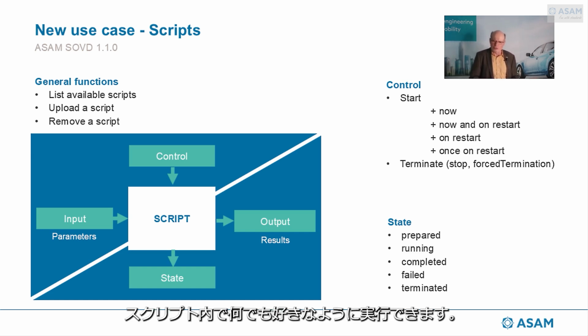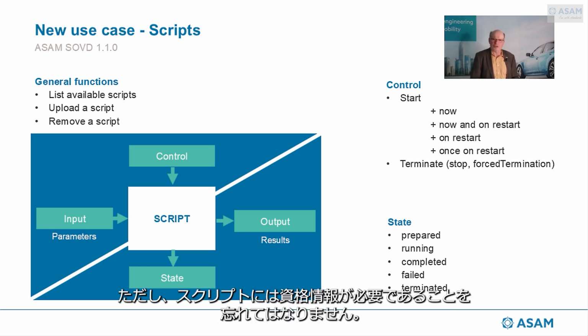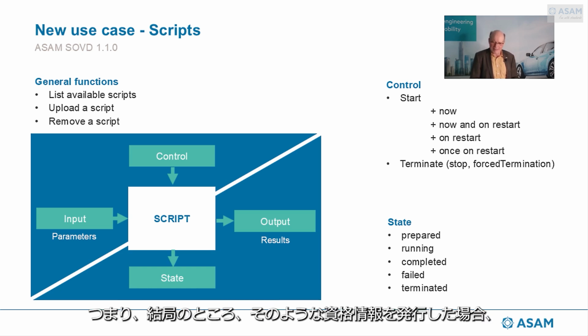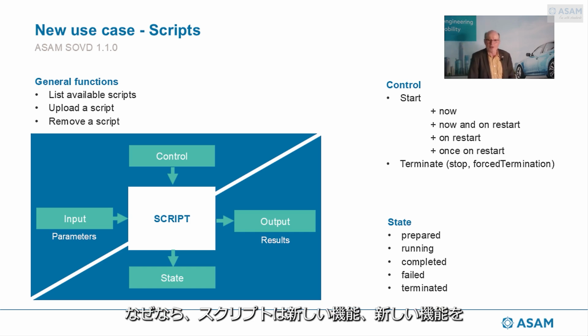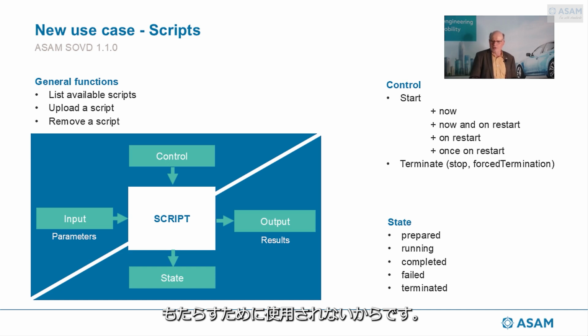You can do in your scripts whatever you want, but you should not forget one thing: for your script you need a credential. So at the end, the vehicle manufacturer is responsible if he gives you such a credential, and for what the content of this script is, because the script shall not be used for bringing in new functionality. New functionality you can bring in with your software updates.